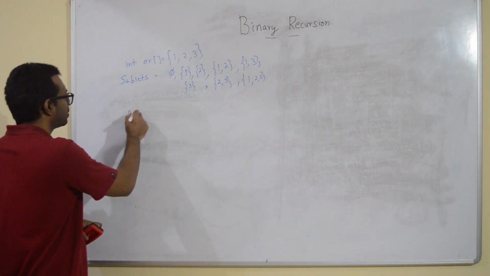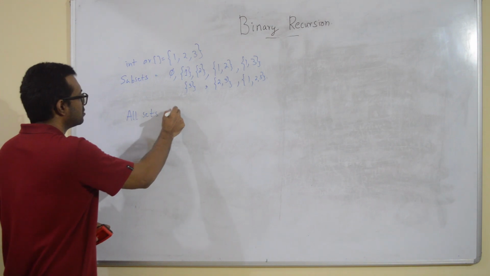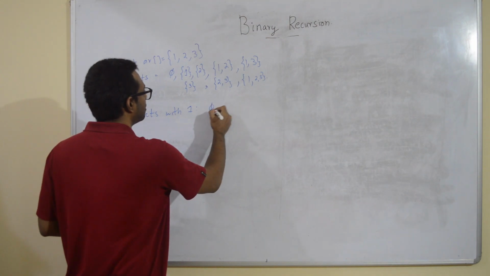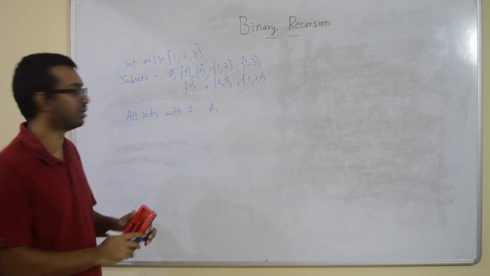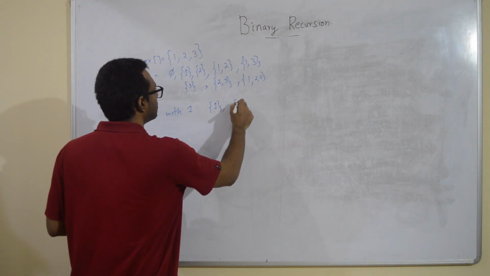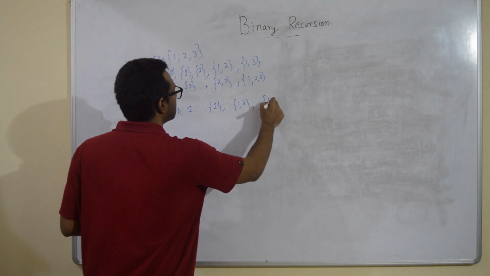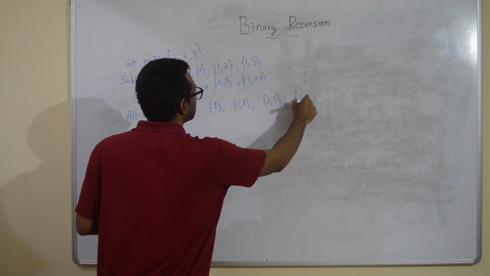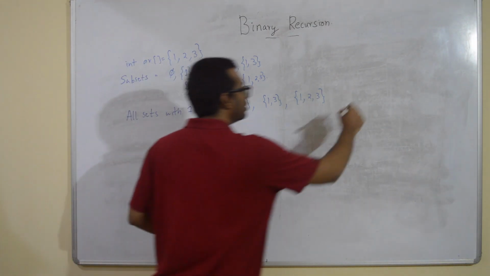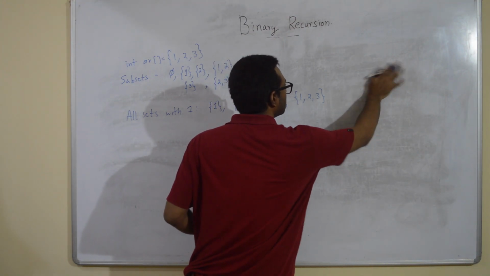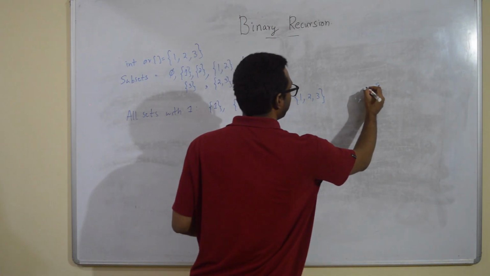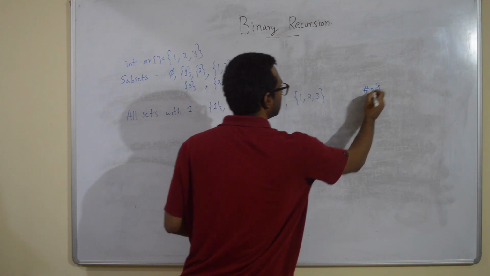What are all sets with 1? So these are all sets with 1. How many are there? The number is equal to 4. For the number I will just use hash.